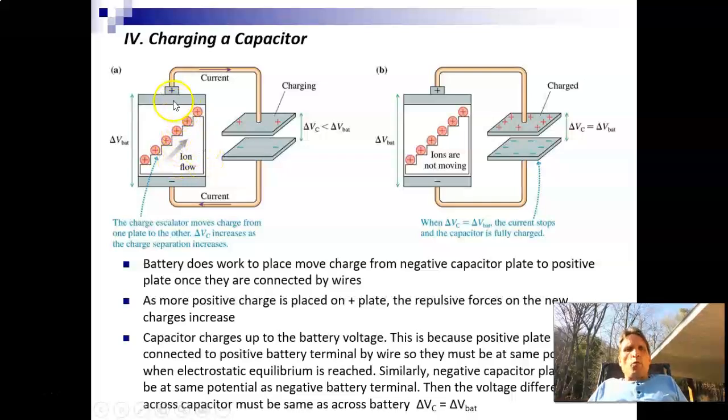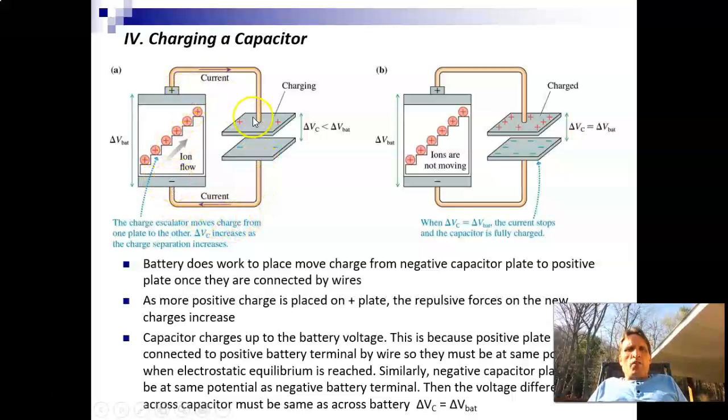That's because when this reaches equilibrium, the positive terminal of the battery is connected to the plus side of the capacitor, the side that's positively charged, and the negative terminal of the battery is connected to the negative plate. Since they're connected by wires, the negative terminal of the capacitor is at the same voltage as the negative terminal of the battery.